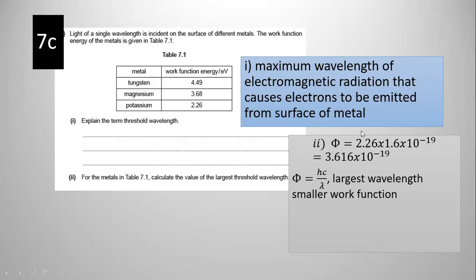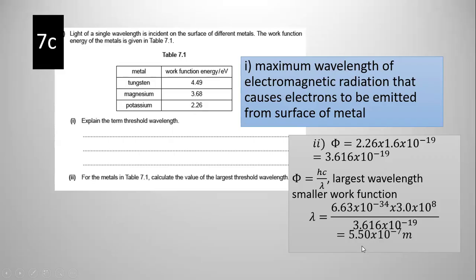That's what we are using here. Largest wavelength, smaller work function. Then your wavelength, cross multiply. Take the phi down, take the lambda up. 6.63, that's your h, that's your c, and there's your phi. Copy out. Okay.